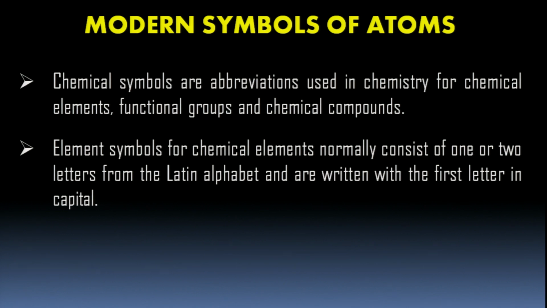Element symbols normally consist of one or two letters from the Latin alphabet, and are written with the first letter in capital. I will show you examples of the symbols we are using nowadays.